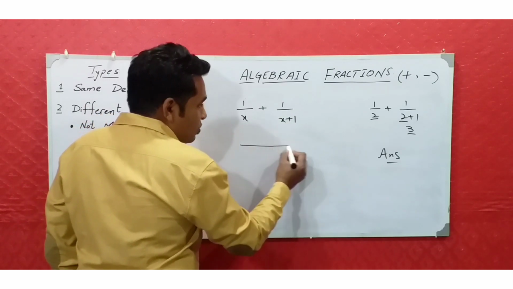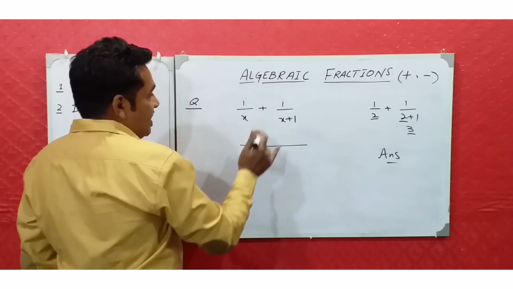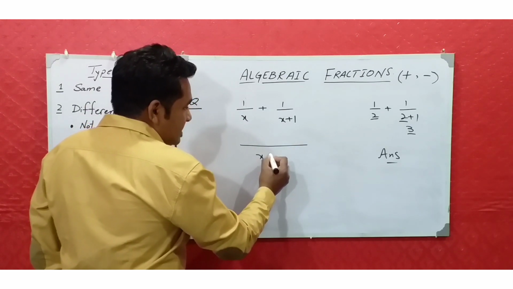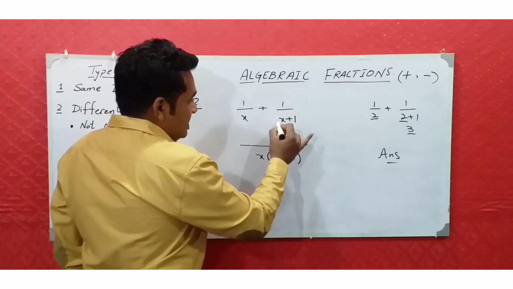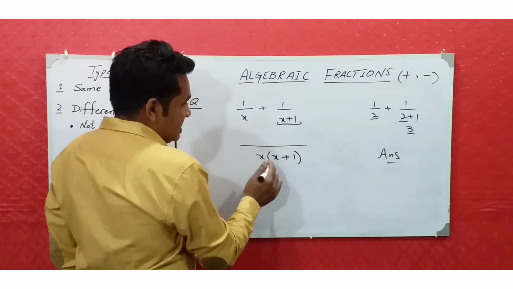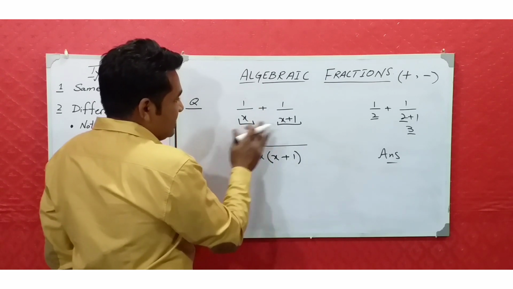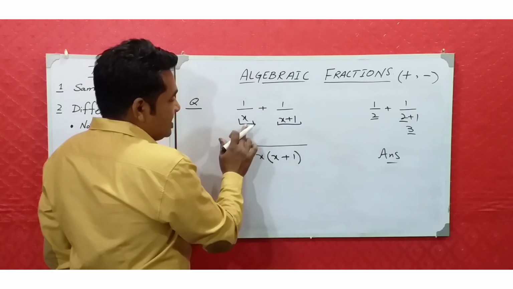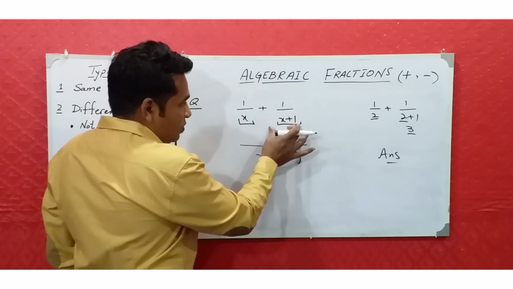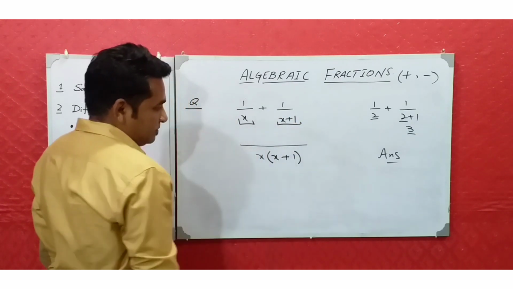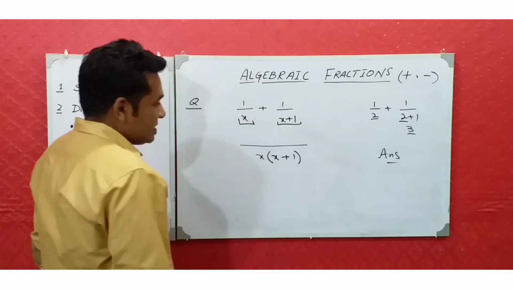So that's why x plus 1 and x are not multiples of each other. When these are not multiples of each other, we multiply both and it becomes x into x plus 1. This whole expression will come here in the LCM. This is the first expression, this is the second expression. In the first expression we have only one term, in the second expression we have two terms, so we write them in brackets because this product will be written in brackets.